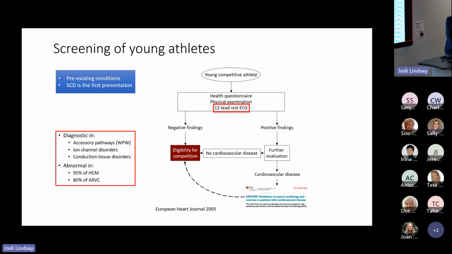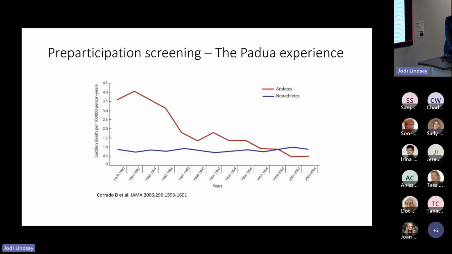And the point is that if you identify an individual, then you refer them for further evaluation. And depending on whether you make a diagnosis or not, you can implement the necessary lifestyle changes, including exercise, medication, or give them appropriate protection with a pacemaker or a defibrillator.